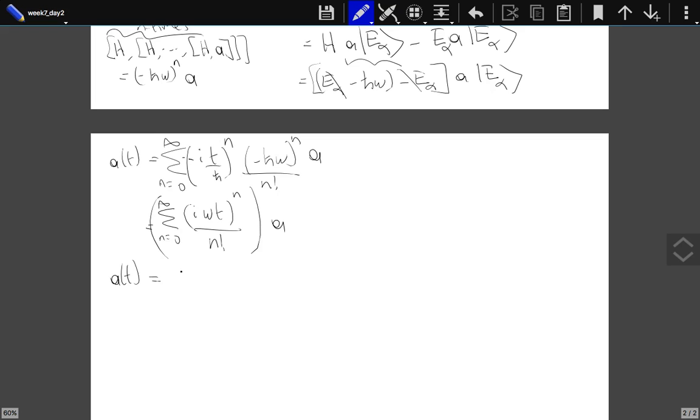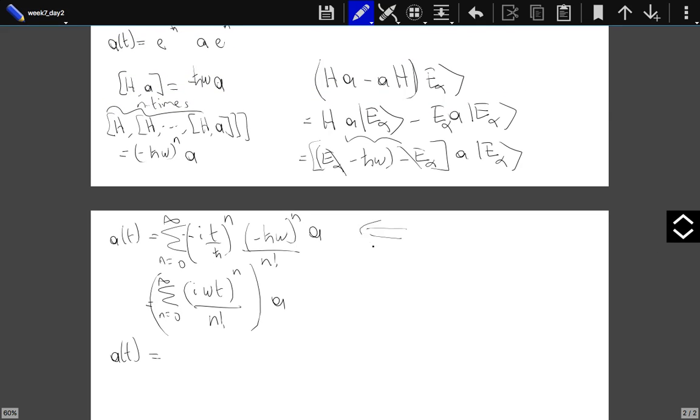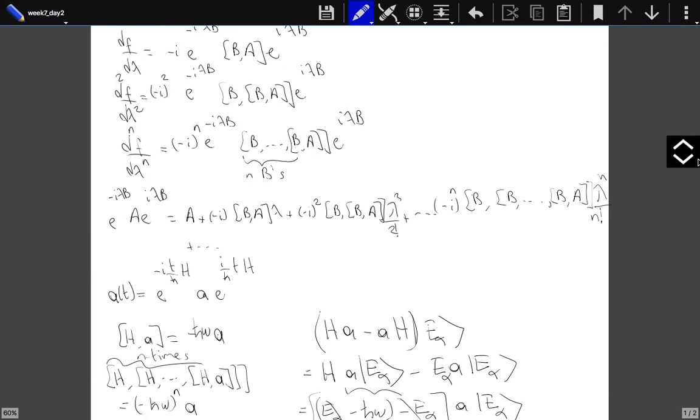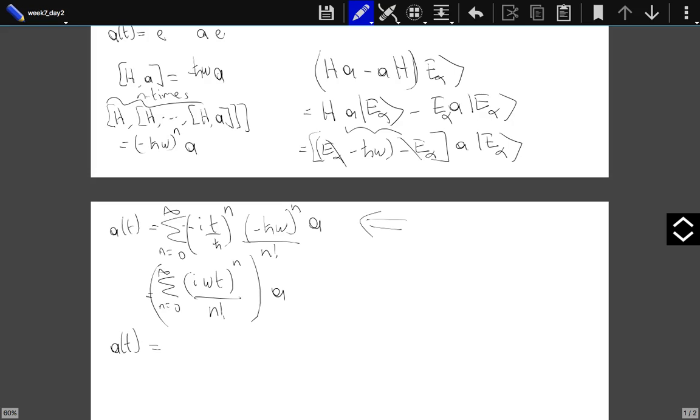So what is that sum? Here we have many terms. The nth term has n recursive commutation relations. If you look at the nth term, first of all, it has minus i lambda to the power n over n factorial. Now, in our case, lambda is nothing but t over h bar. So this is minus i t over h bar to the n.